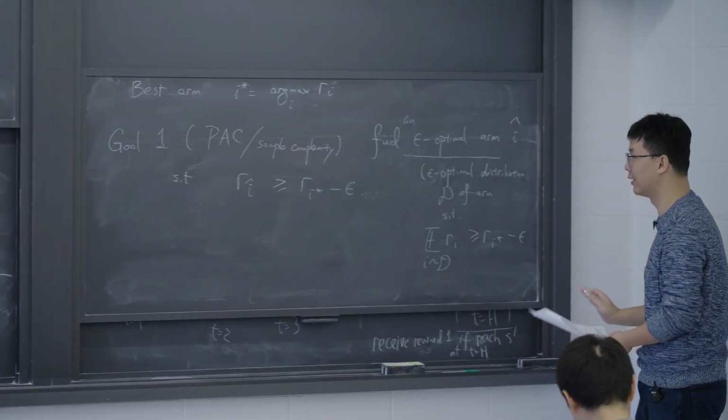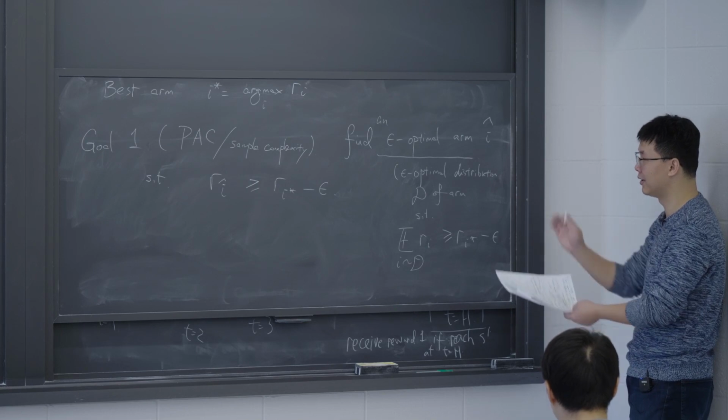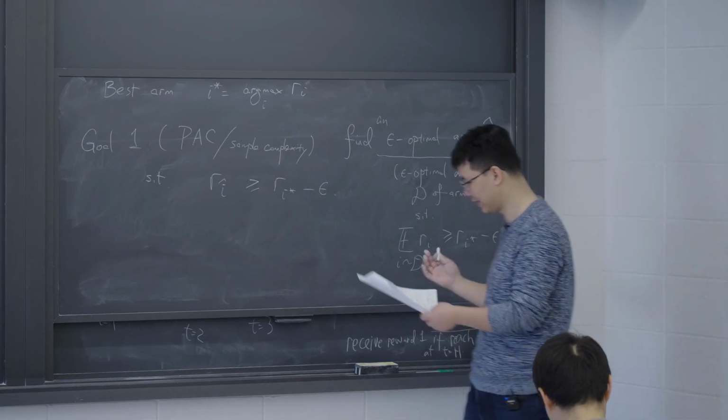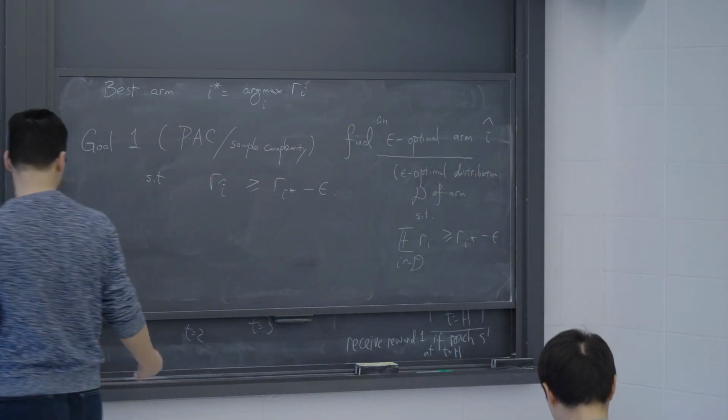Even if you don't identify a single arm, if you can say a distribution is good in expectation, I'm also okay with this.